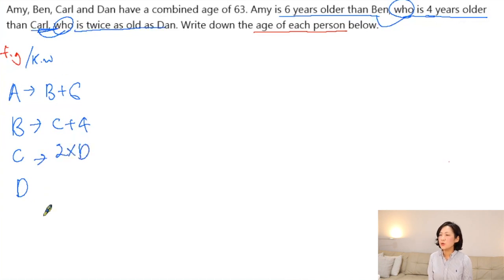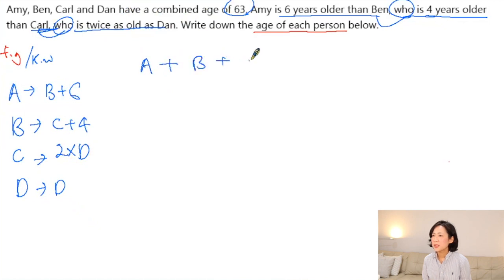So lots of unknown values. Now we need to focus on the total age. If you put A plus B plus C plus D, all their ages add up to 63. Let's write all the ages in terms of D. So C is 2D, B is C plus 4.